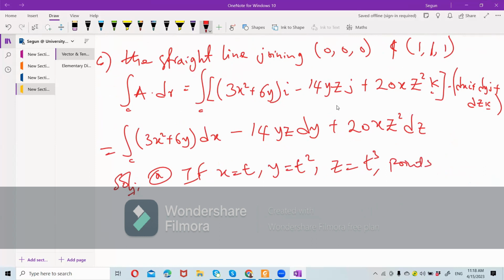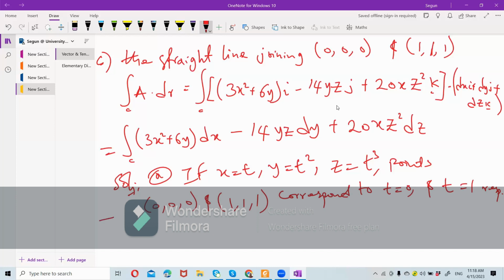The points 0, 0, 0 and 1, 1, 1 correspond to t equals 0 and t equals 1, respectively.